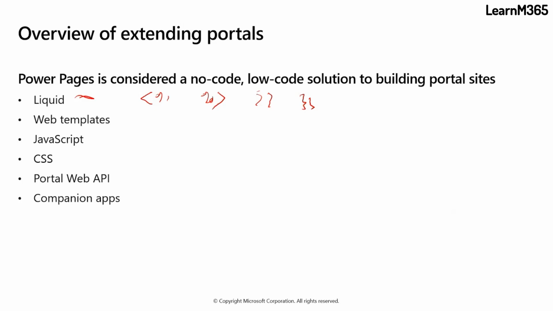Portal customizers can modify or create new web templates to address a specific requirement. For example, a web template can be created to display static and dynamic content in a specific layout. Third, custom JavaScript code can be embedded in different portal assets such as web pages, web templates, table forms, and table lists.